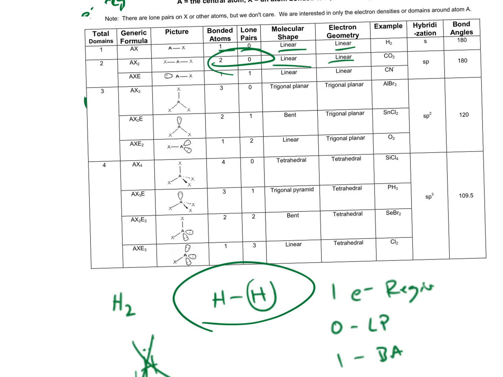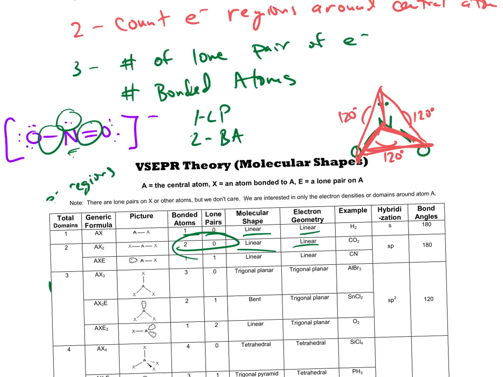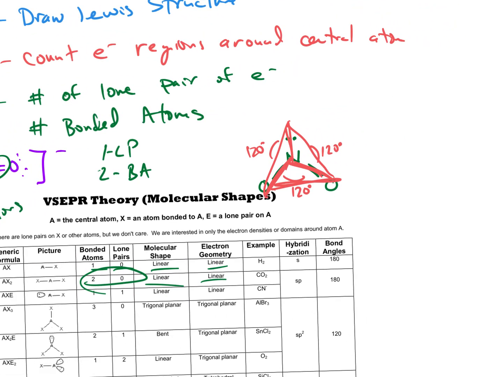What's the difference between the electron geometry and the molecular geometry? We didn't talk about this. So for this one right here, we have nitrogen and two oxygens. If we just look at the electrons, there's an electron region here, an electron region here, an electron region there.